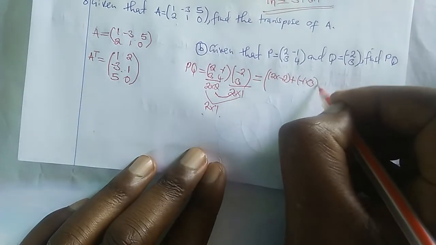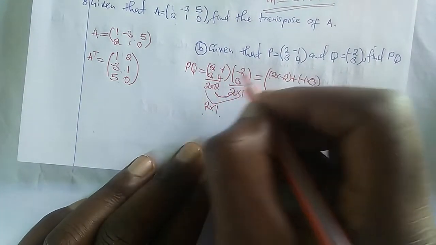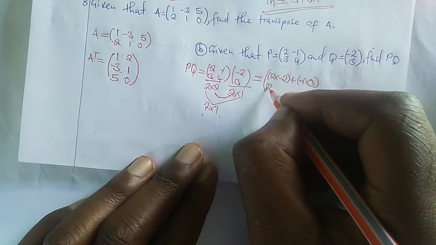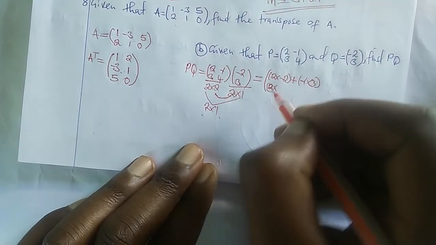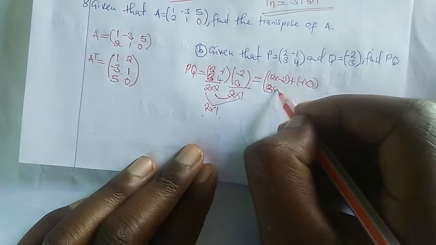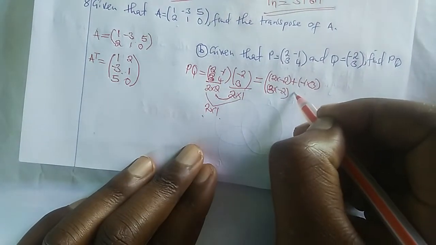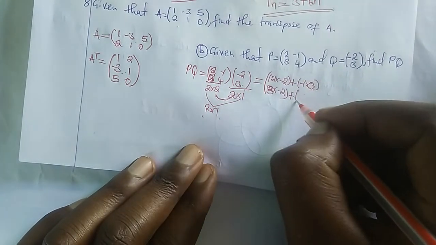Then I'm going to come down to the second row, open bracket, and say 3 by negative 2 plus 4 by 3.